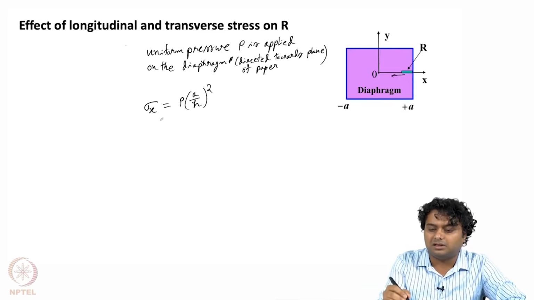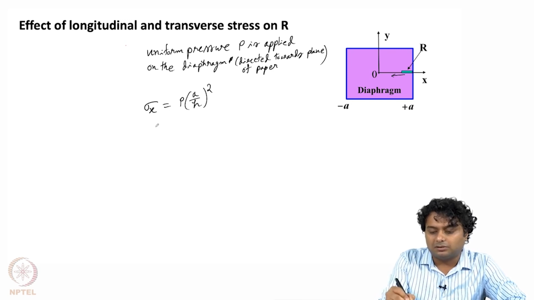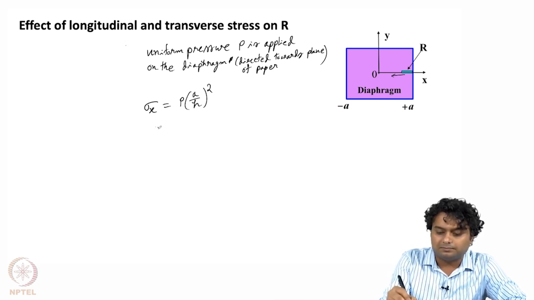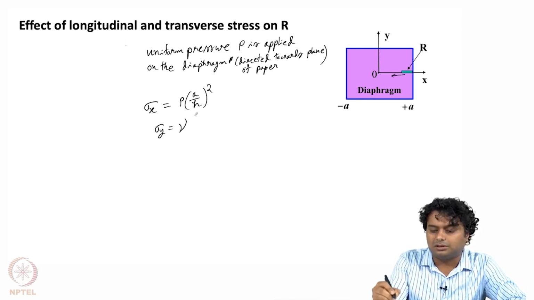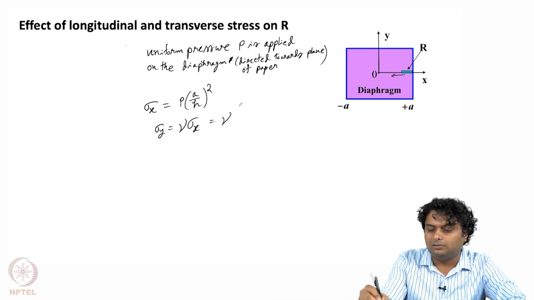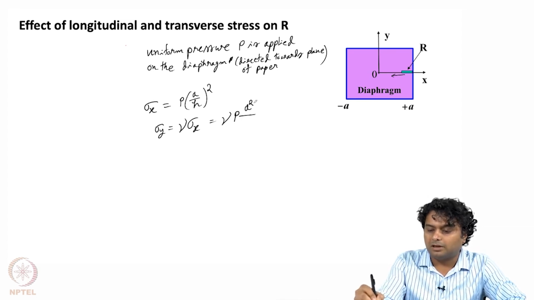As we have discussed for Poisson ratio, the stress in the y direction will be just the Poisson constant nu into sigma x. So sigma y is equal to nu into P into A square by H square.